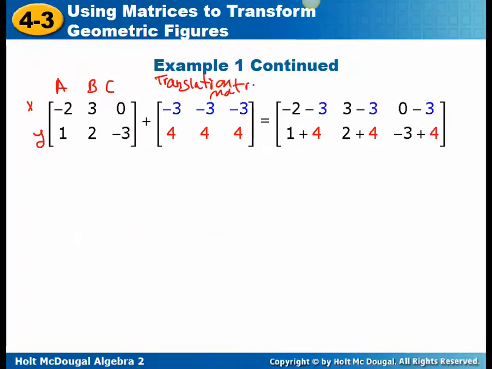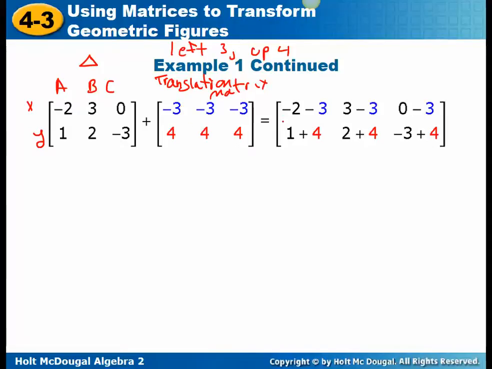And the translation matrix shows that we are going to move left 3 and up 4. Because the x coordinates are -3 and the y coordinates are 4s. Now you need as many columns as your original pre-image polygon had. So this was a triangle, so there's 1, 2, 3 vertices, so our translation matrix will have 3 columns, and they'll all have the same numbers in them.